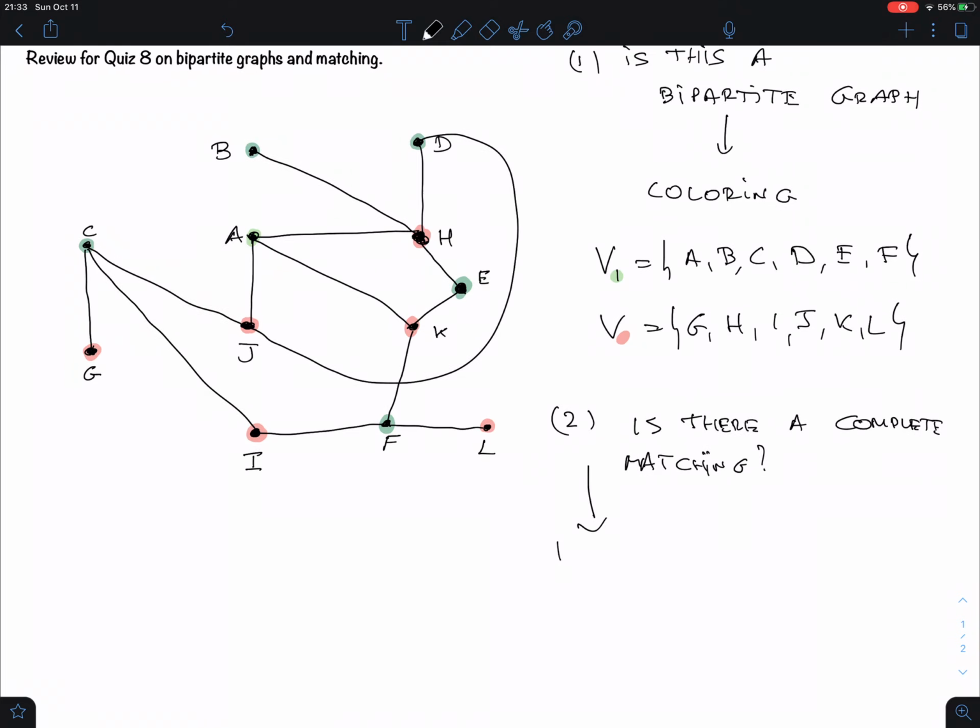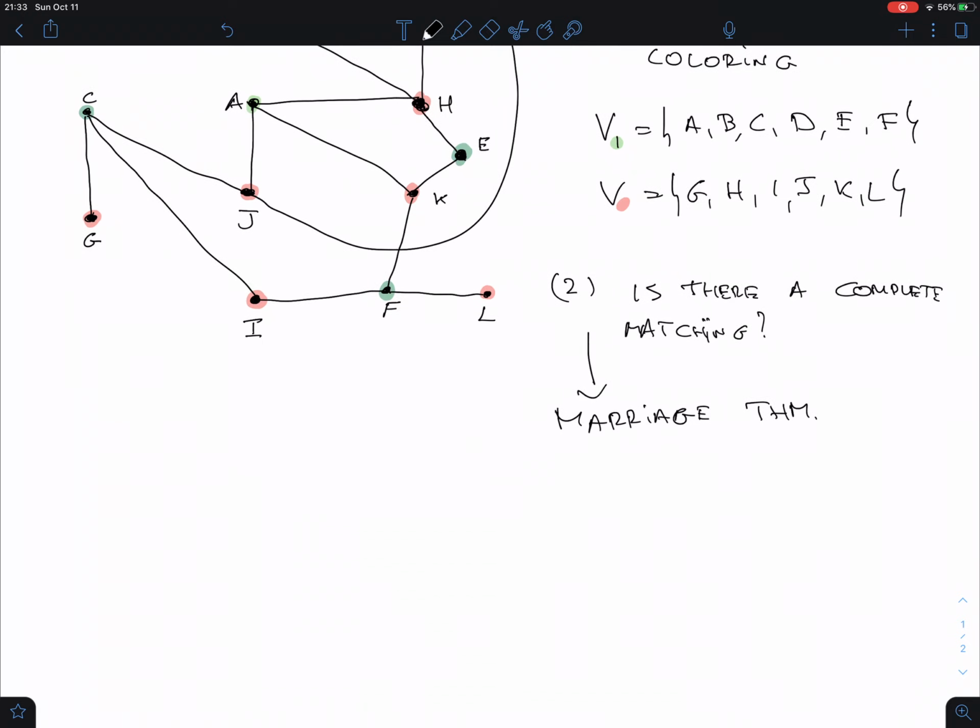I'm going to ask you to use the marriage theorem. What the marriage theorem says is you have to look at neighbors, not only of one vertex, but neighbors of 2 vertices, of 3 vertices, etc. There are 2 possibilities.